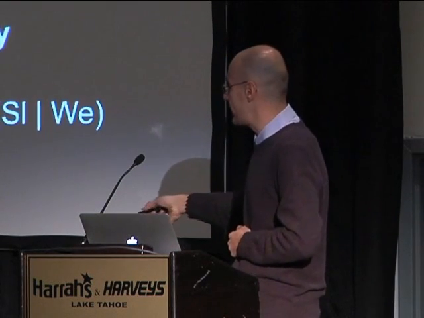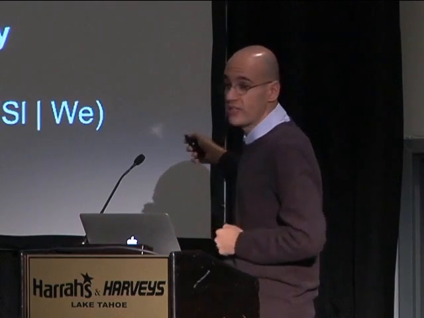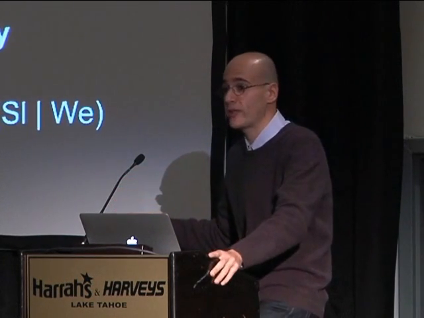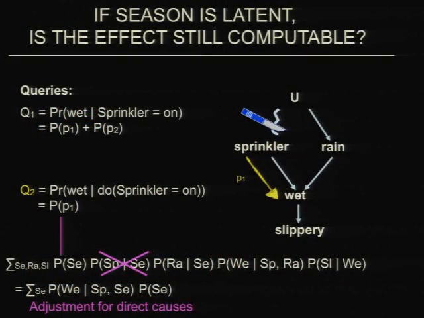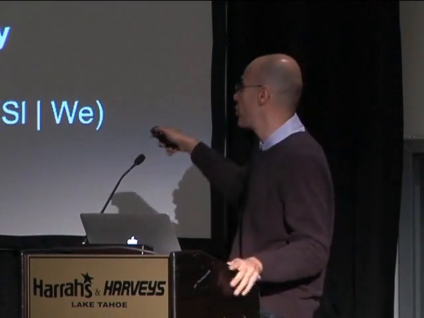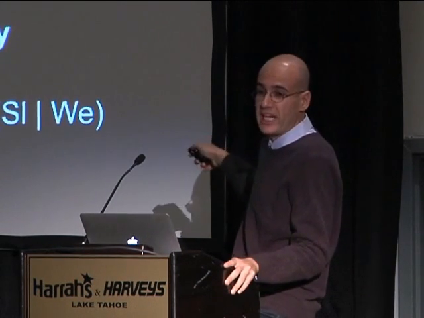This is adjustment for direct causes, and you rely on having the season here to be able to do this adjustment. But what if, instead of season, you have a U node? As was said, this is the background variables, or the exogenous variables. What if this is latent? Then you cannot condition, and you still have this path that is not interesting for us, the spurious path. It's going through the back door, from an edge that is coming in here, and not a direct or causal edge that you are trying to capture.